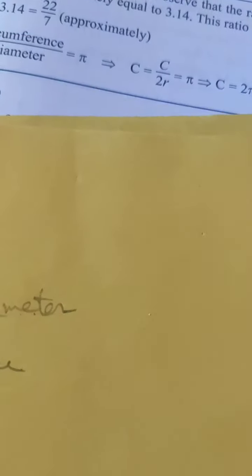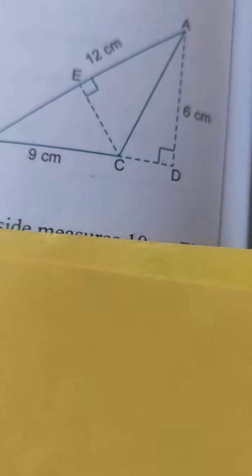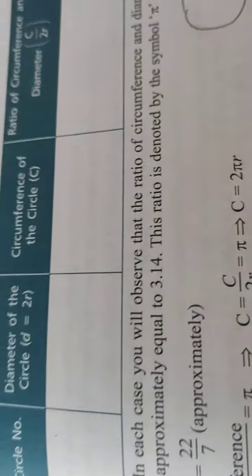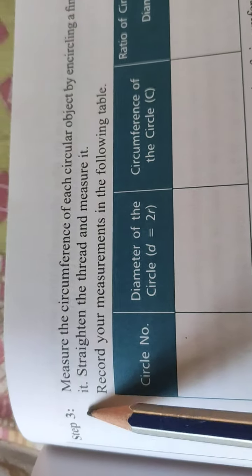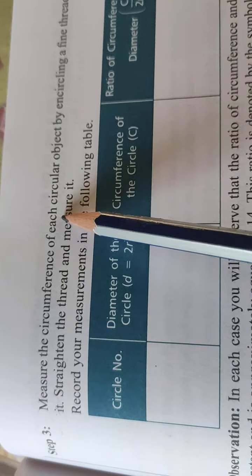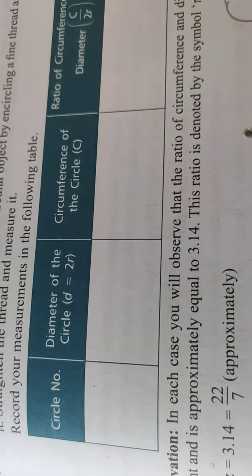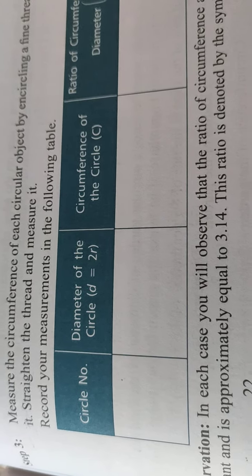Now we will come to how you can find the circumference of a circle. For that, you see in your book they have given an activity here. Step 3: measure the circumference of each circular object. Here they have told you to take 3 or 4 circular things.